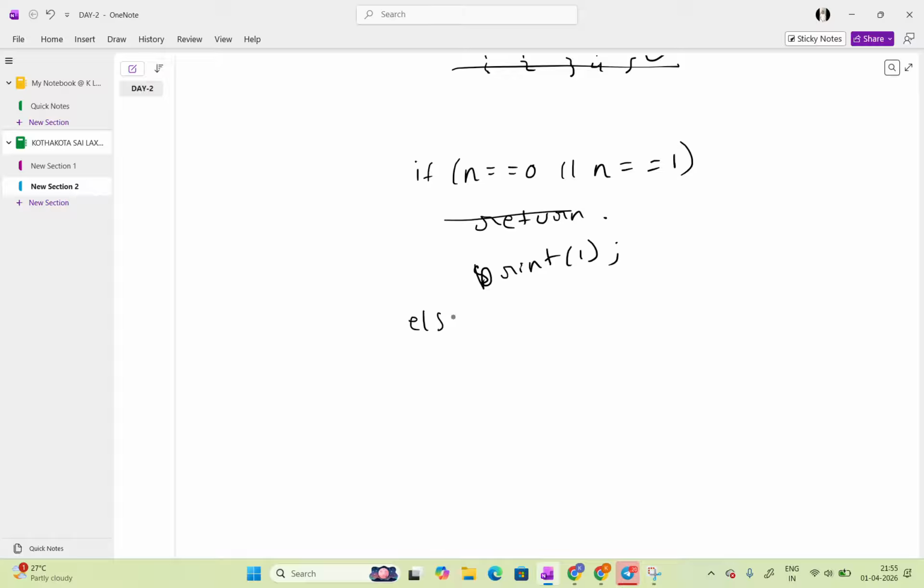Or in the else case, I'm going to write a is equal to 0, b is equal to 1, and I'm going to go up to n minus 2 steps.